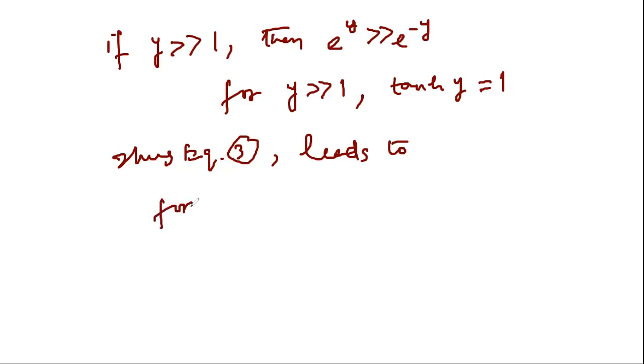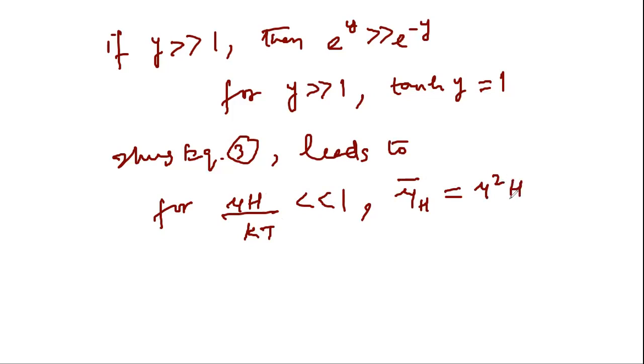Remember, our y is mu h by kT. When mu h by kT is much less than 1, our mu h bar is mu square h by kT. I name it equation 5a.